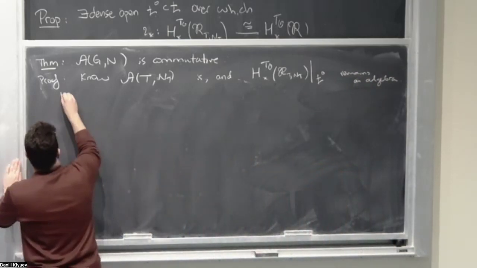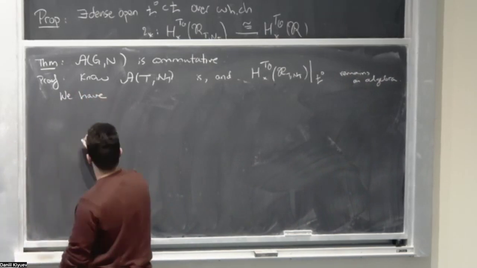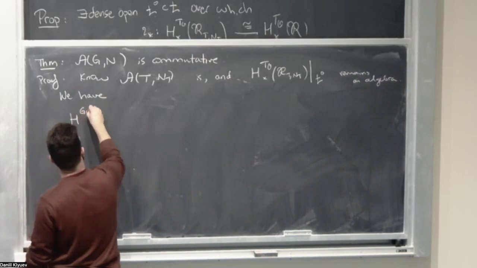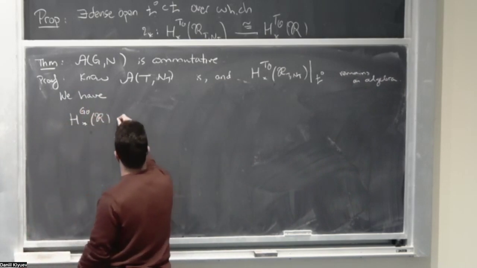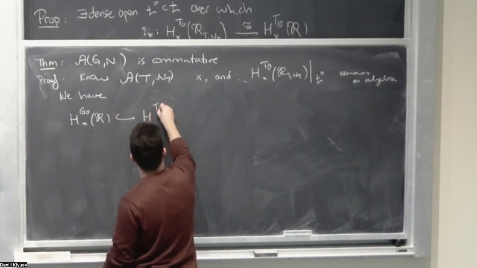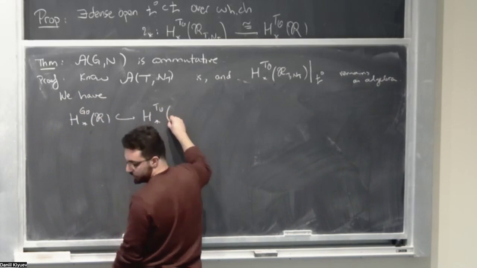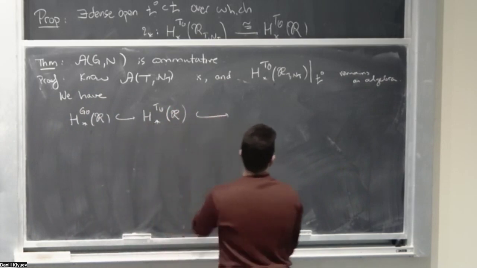Then we have projections like this. G equivariant of R, which is supposed to be AGN, includes as the doubly fixed point into T equivariant homology of R, includes into this.